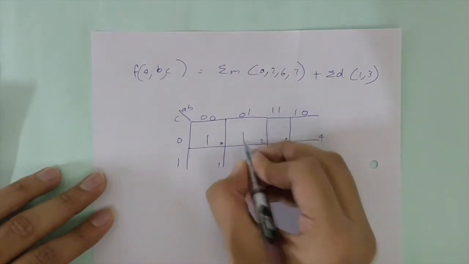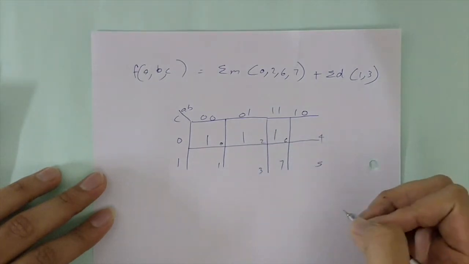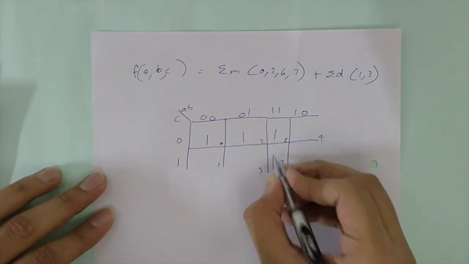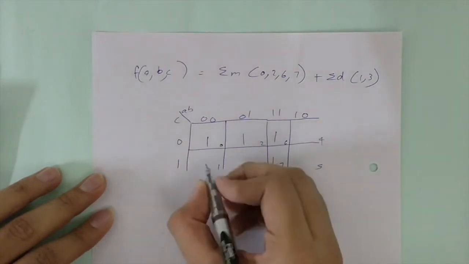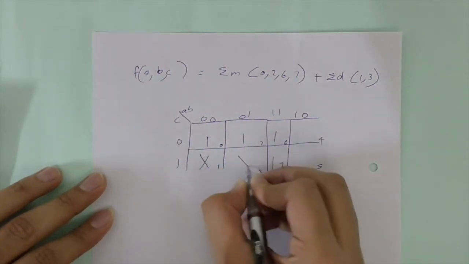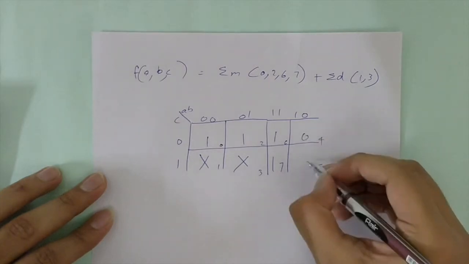Zero, 2, 6 and 7, and for the don't care conditions we have 1 and 3. The remaining terms are 0.